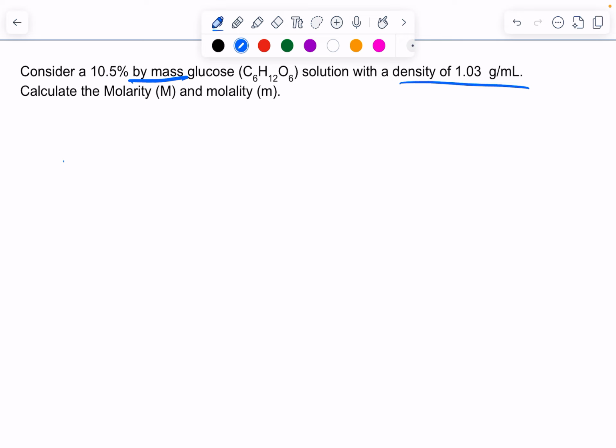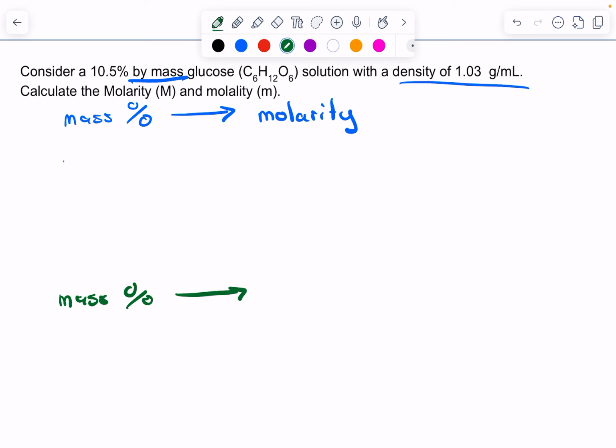So just to summarize, we're going from mass percent to molarity, and then we're also going to do mass percent to molality. When you have a question like this, you approach it pretty much the same, but there is going to be a slight variation in how you treat it.